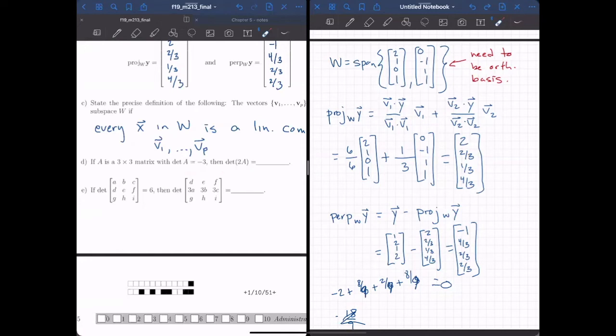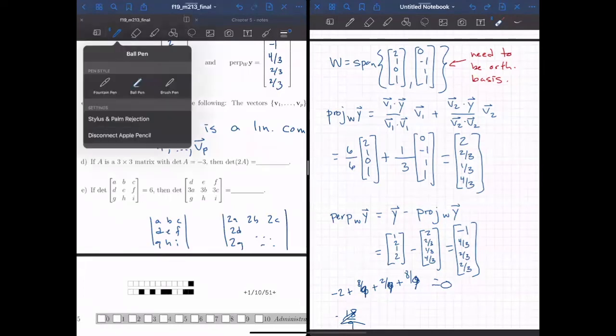So remember, if we've got some matrix A, B, C, D, E, F, G, H, I, and you multiply this matrix by 2, you're going to get 2A, 2B, 2C, 2D, 2G, and so on. You can pull the 2 out of the determinant, but only one row at a time.